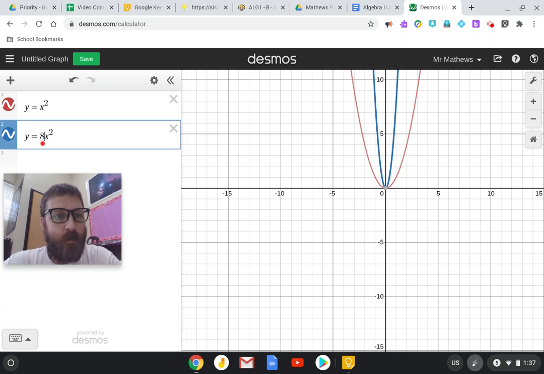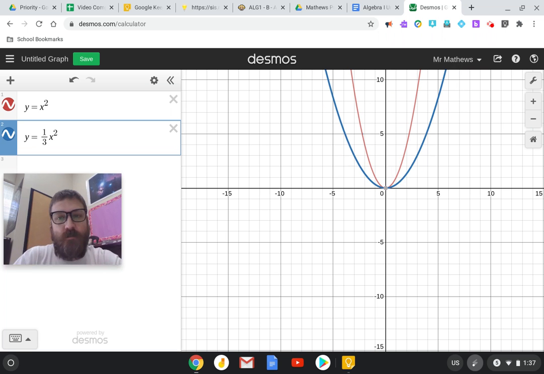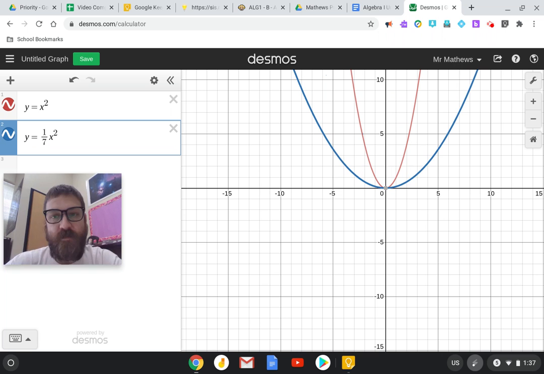So when I multiply by a number, specifically anytime I multiply by a number that's greater than 1, I'm going to narrow the graph. Notice I said greater than 1. What happens if I multiply times a decimal? Or a fraction, like 1/3, or 1/7, or 4/7.